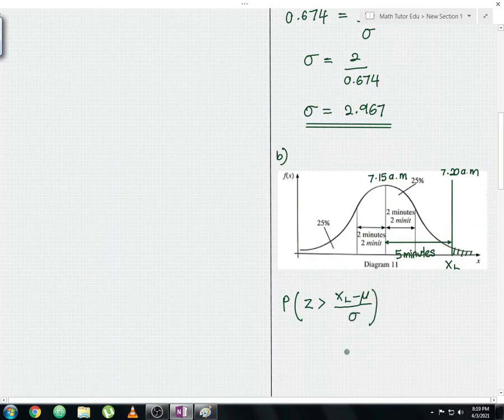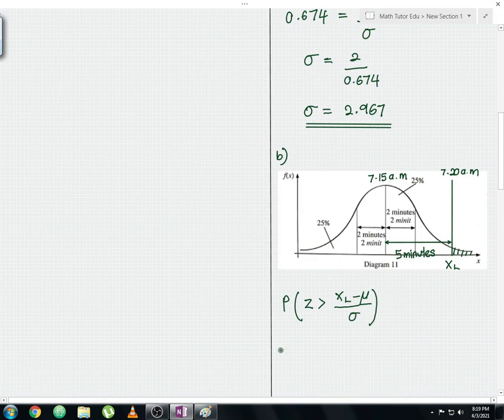We don't know the exact value of XL. Even the mean they give us in terms of time, but we know the difference between the XL and mu, which in this case is 5 minutes. So we can include this 5 minutes into our working here, and the standard deviation we have already found in the question part A, which is 2.967. We can include that in our calculation.